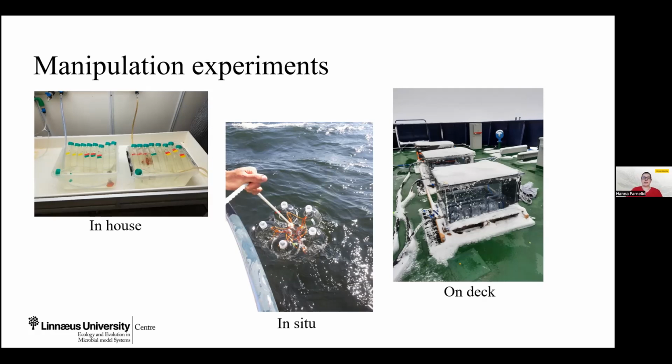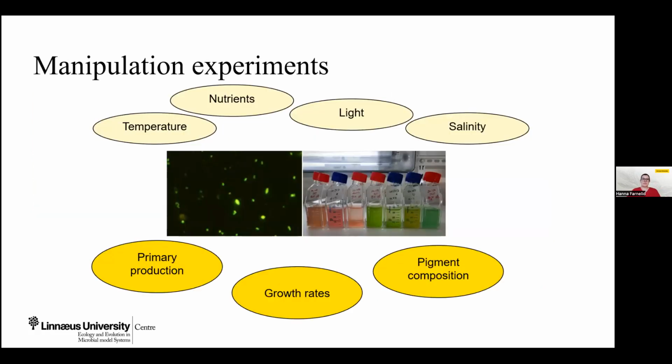For the Arctic expedition, we built these incubators, which are really sturdy, built for the Arctic environment, where we can have an inflow of seawater to keep it at in situ temperatures. So with these manipulation experiments, it's possible to manipulate temperature, light, salinity in the lab, to then study rates of primary production, growth rates, or pigment composition.